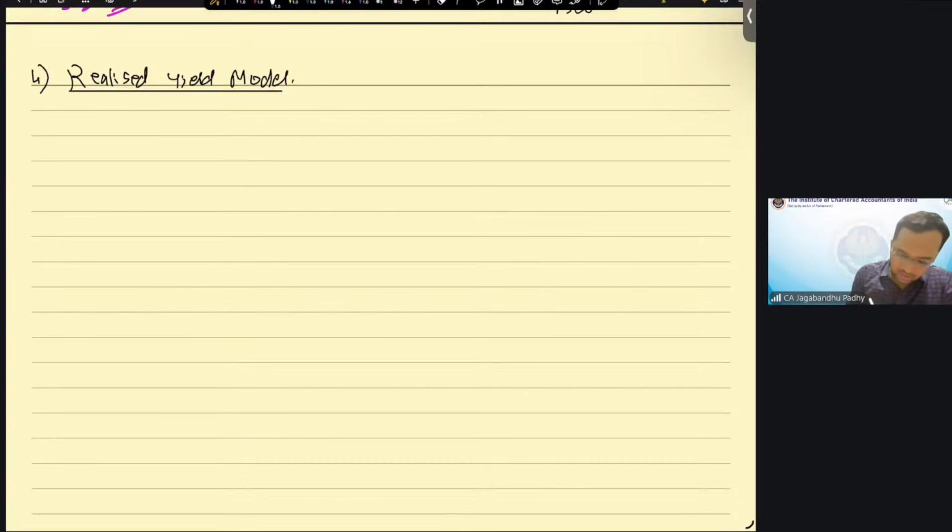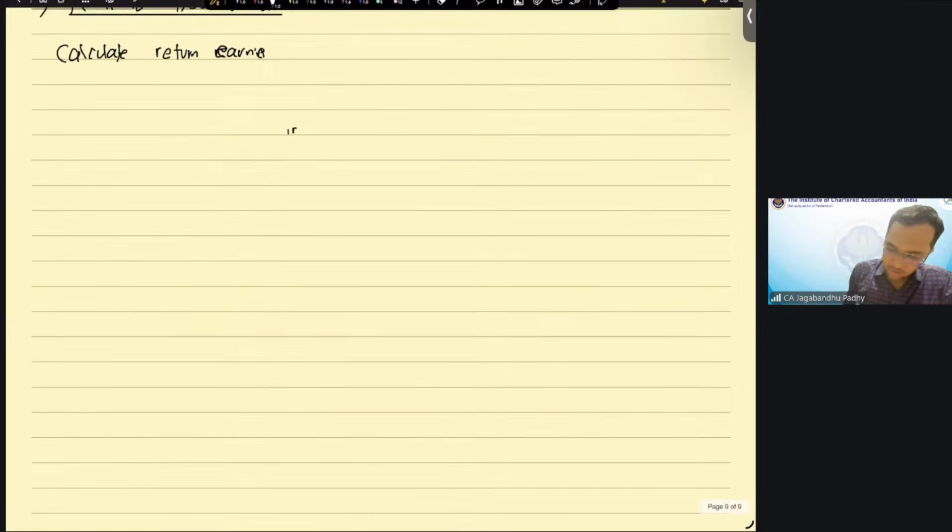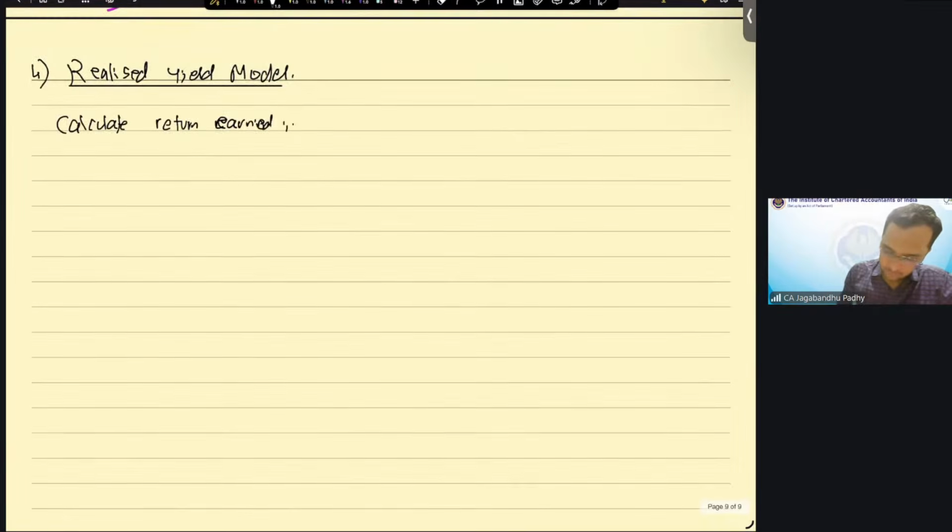So in realized yield, we calculate the return earned in past.